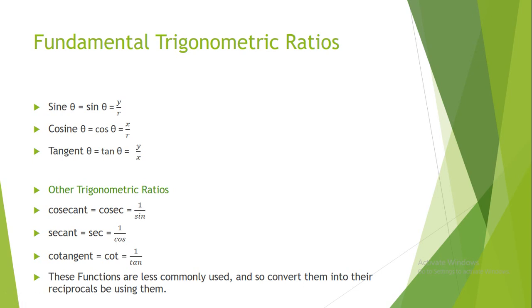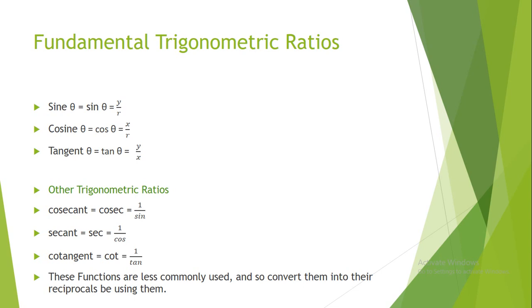So cosecant is cosec, secant is sec, and cotangent is cot. One funny thing about these ones is that they are actually the reciprocal or the inverse of the basic ratios. So cosec is the same as 1 over sine, so cosec is actually the inverse of sine.